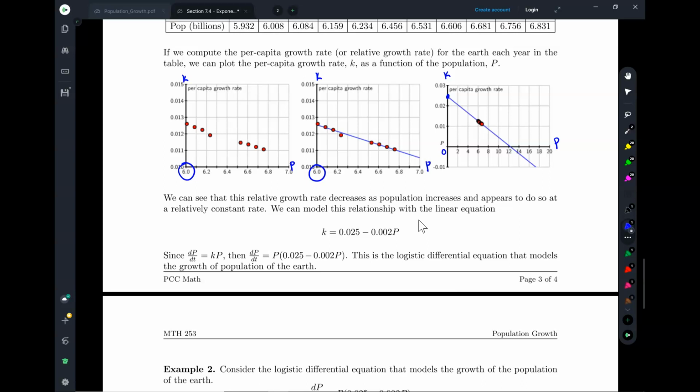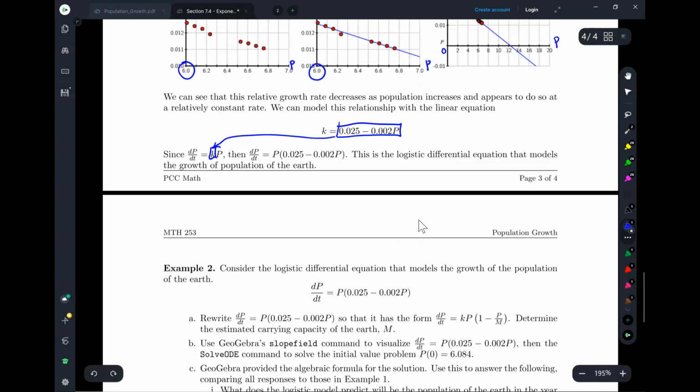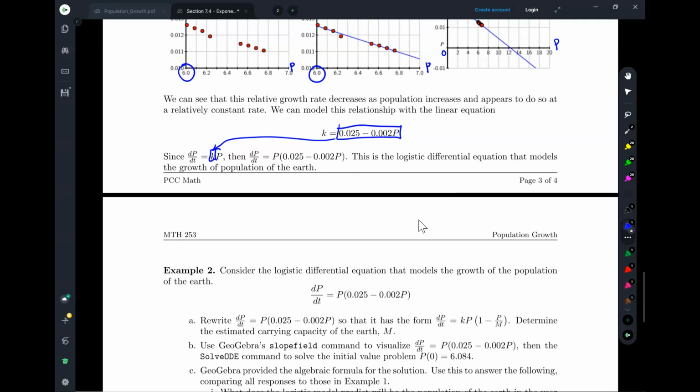When we do that, we're basically just replacing this K with the relationship that we found, 0.025 minus 0.002p. I'll leave that there. We get dP/dt is P times that quantity, 0.025 minus 0.002p. Hey, that is a logistic equation. And this is then the logistic equation that models the growth of the population of the Earth.